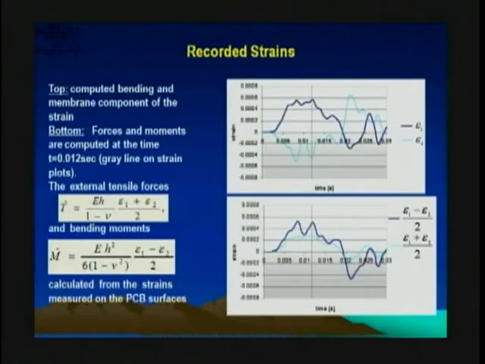And now let's see. These are the coded strains, and these are how, on the bottom, the forces and moments are compared over a period of time of 12 milliseconds. And you see the plots that are actual experimental plots that we obtained.